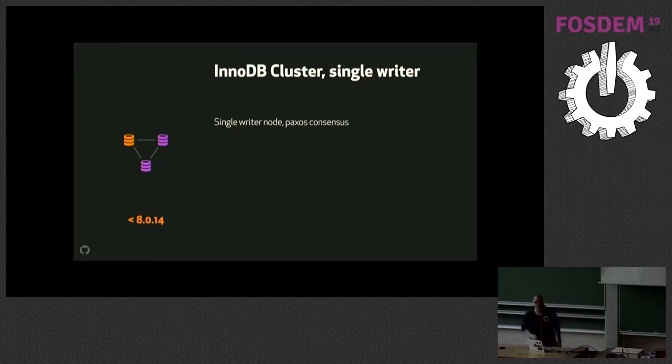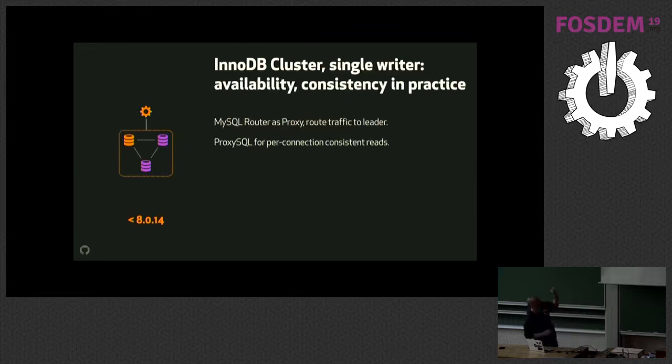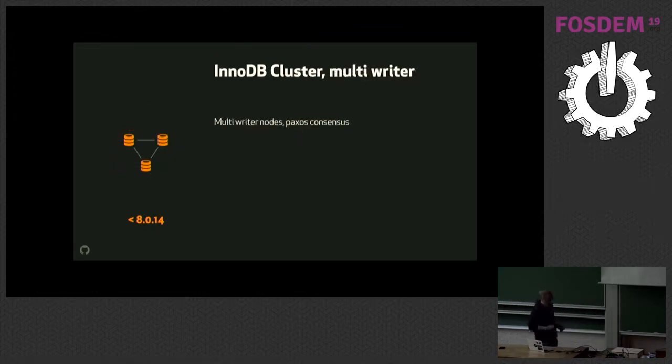Is it consistent? It is not, because InnoDB cluster before 8.0.14 only guarantees, much like semi-sync, that the data gets durable on another node, but not necessarily applied. Of course, you can put a proxy and route all queries to the leader and get very, very good consistency. But CAP-wise, it's neither.